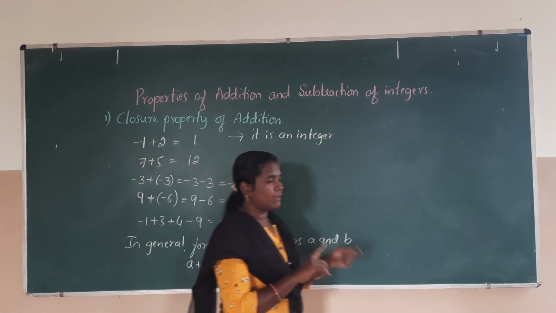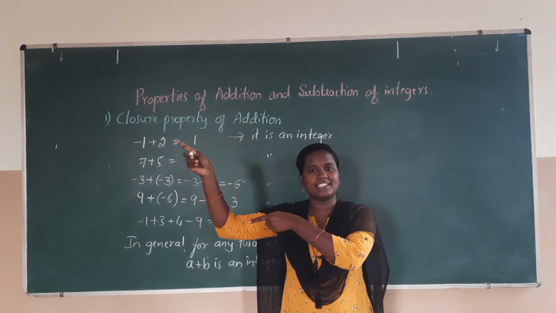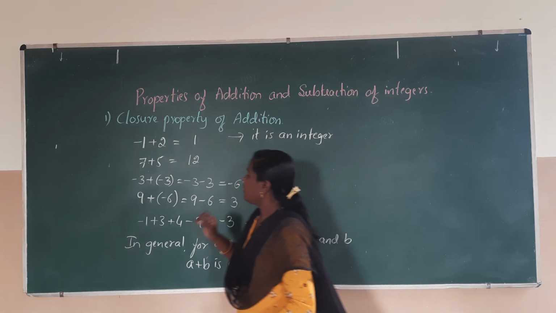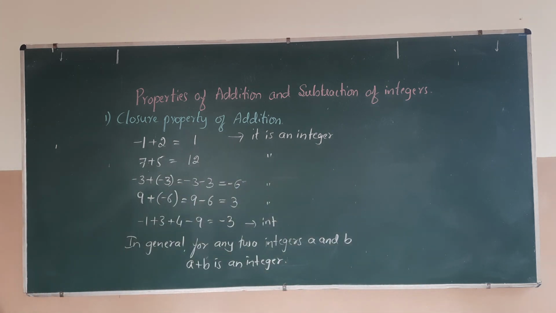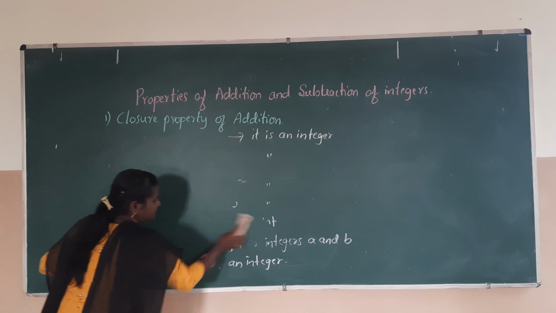So if you are taking a plus b plus c plus d, a plus b plus c plus d is again an integer. Getting? Okay. So now let us move to closure property of subtraction.